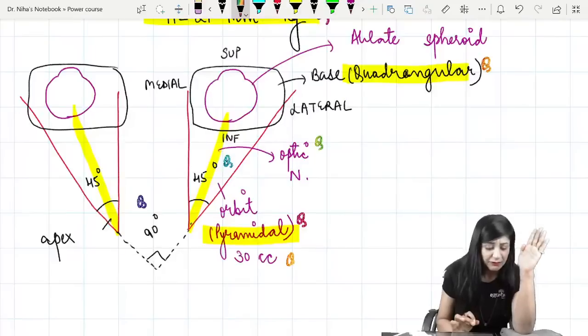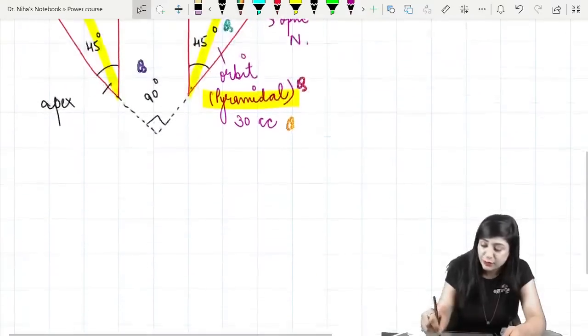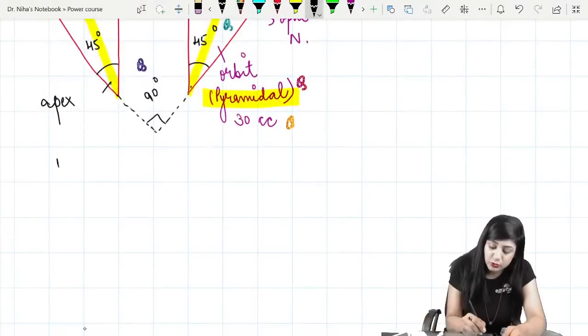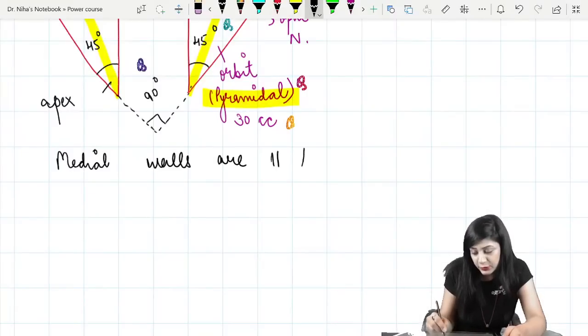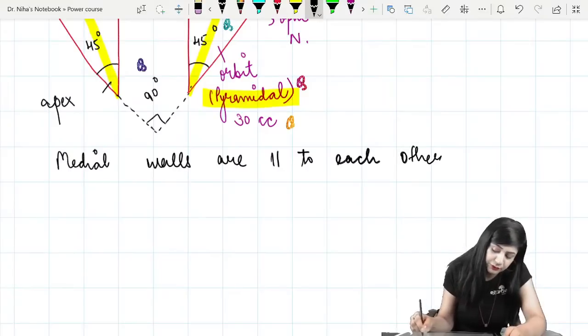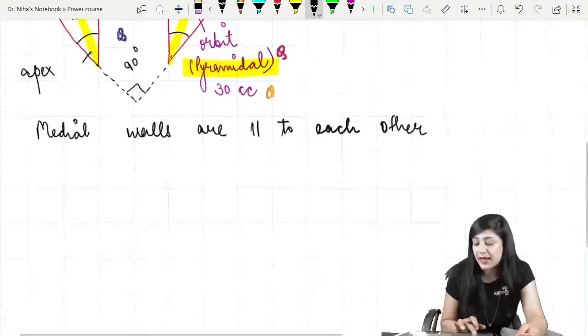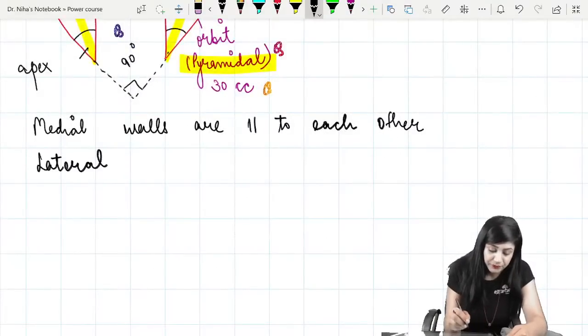Okay, everybody has drawn. Very good. So what are the summaries for this? We can say the two medial walls are parallel to each other. These are the different questions you can get from this. Medial walls are parallel, while the two lateral walls.